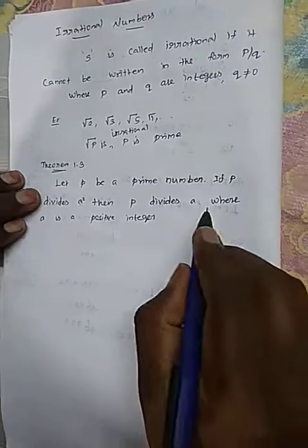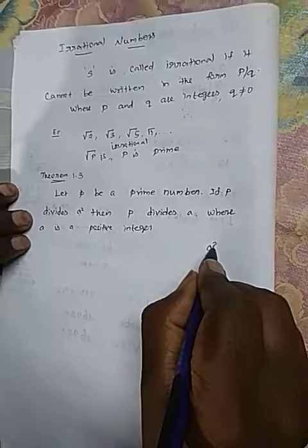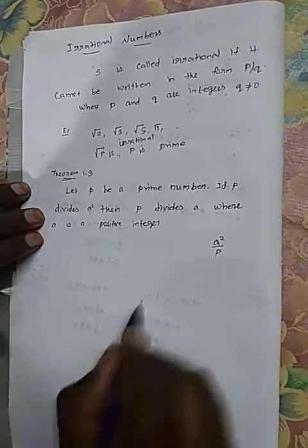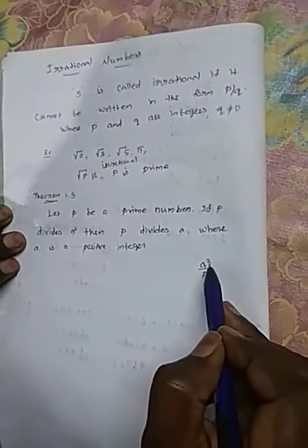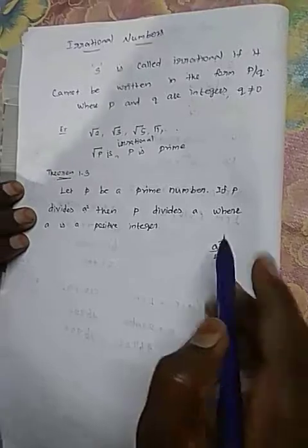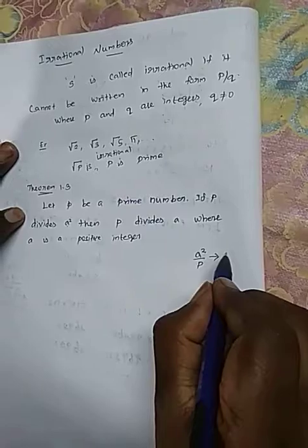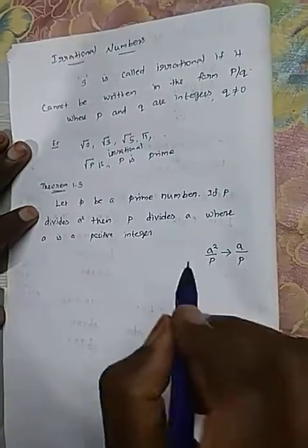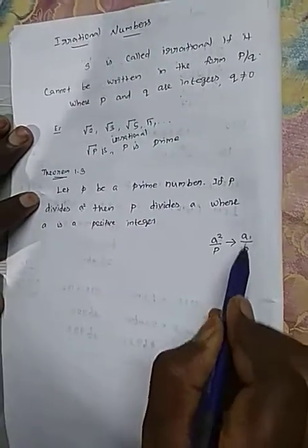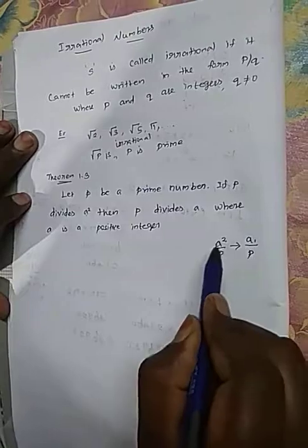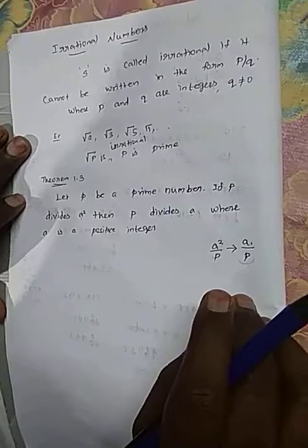I will explain. p divides a square means a square is divided by p. Then p divides a means a is divided by p. This is what you want to prove, given this. Here a is a positive integer.